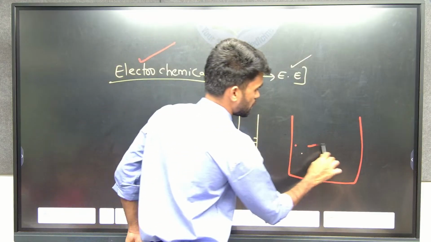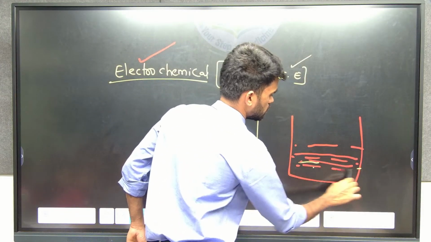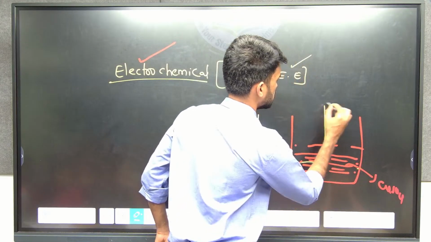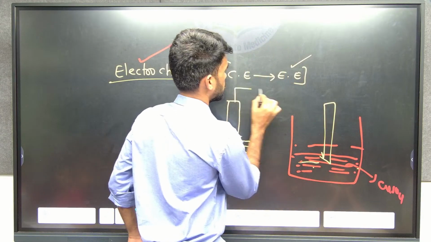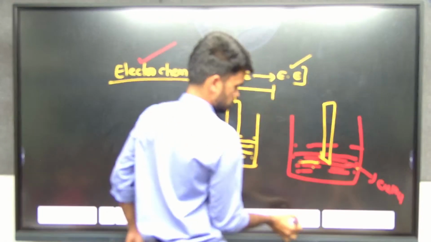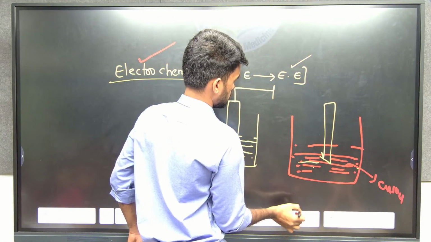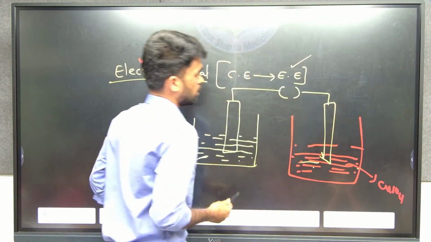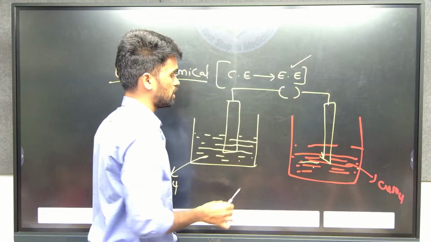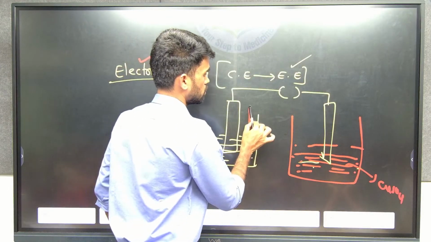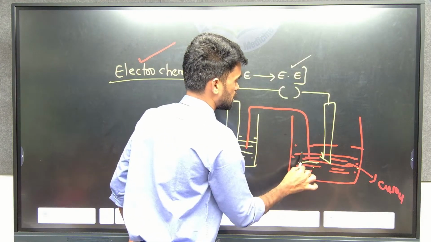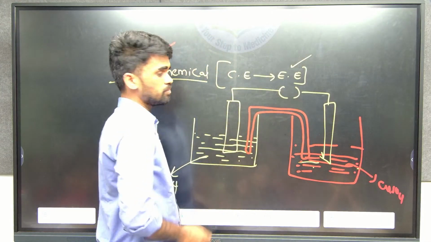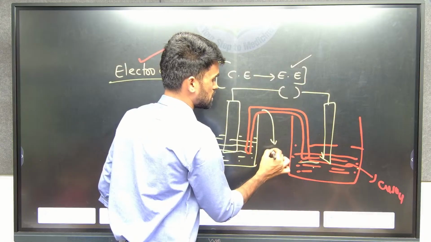In this copper sulfate solution, a copper rod is dipped. Now for the connection of these two, what do we need to use? A U-shaped salt bridge, like this. In this we are using some agar-agar gel.